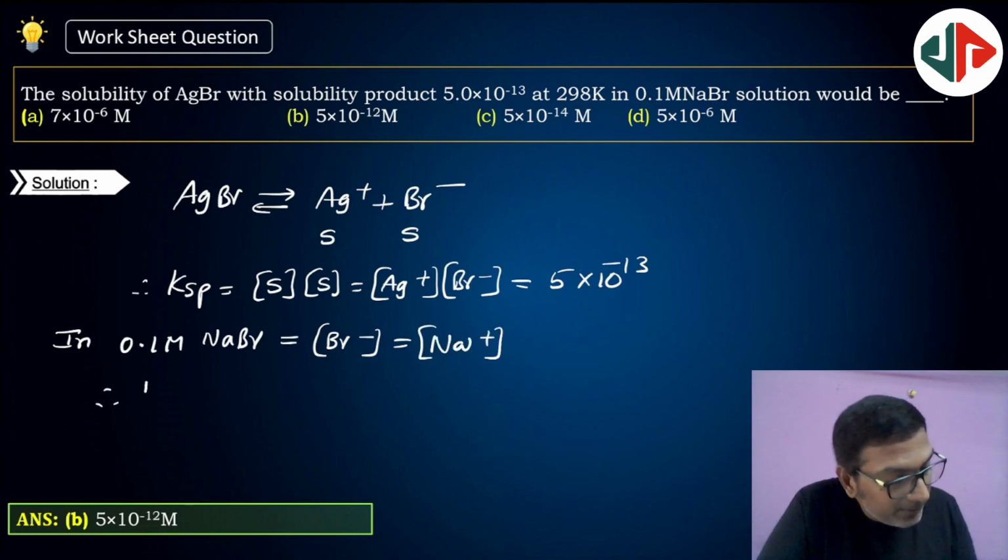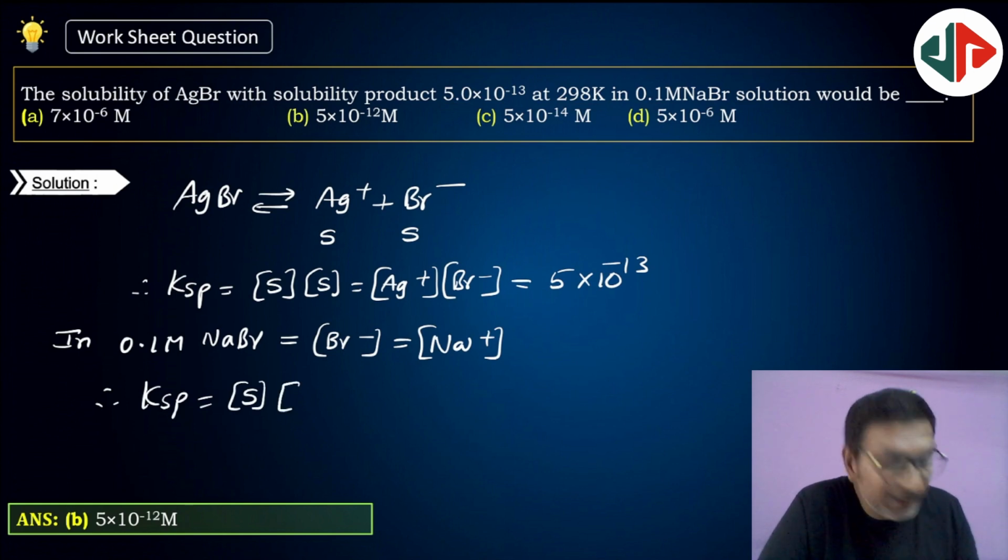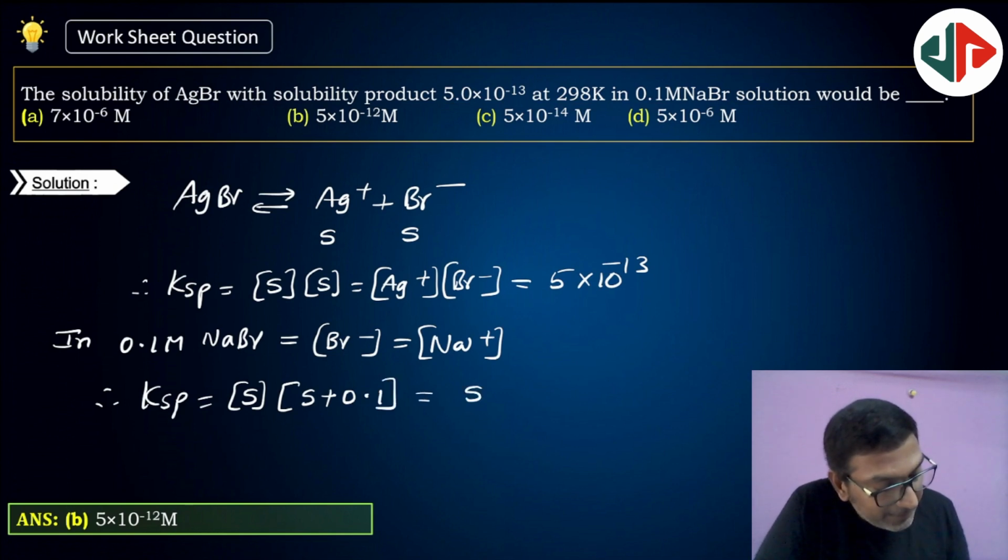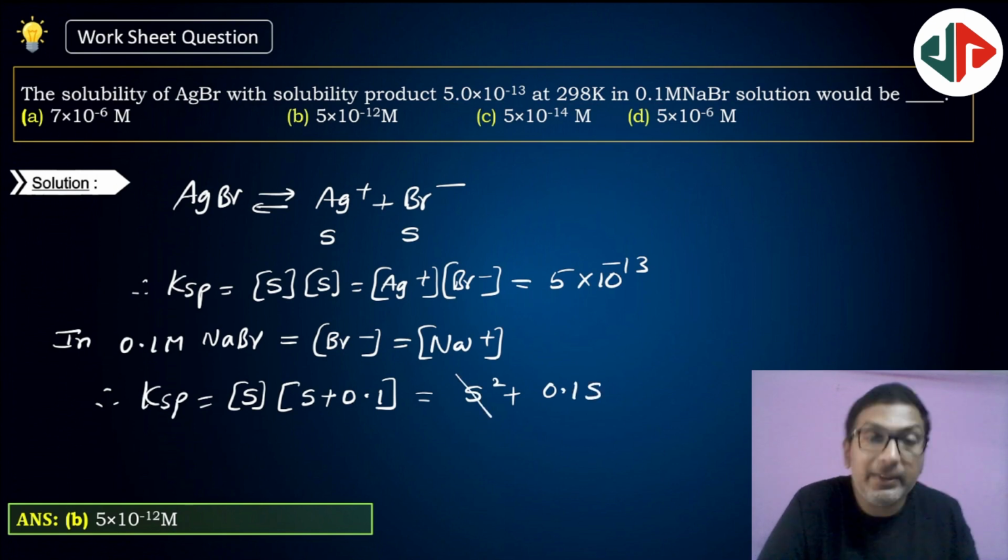So Ksp equals S into concentration of Br-, which increases to 0.1. Therefore it will be S square plus 0.1 into S. S square can be neglected, higher powers.